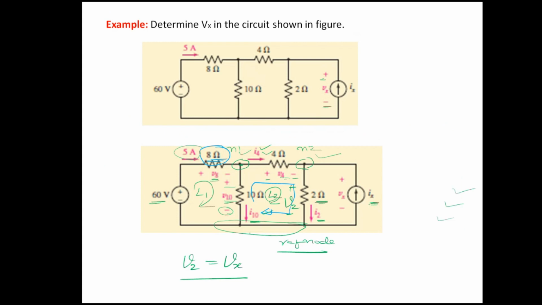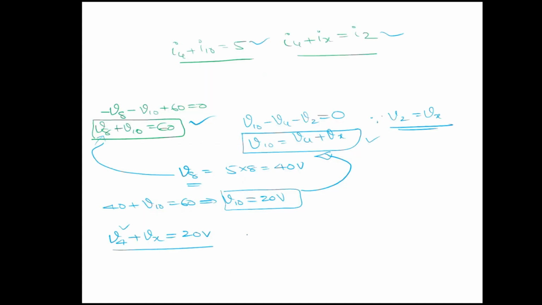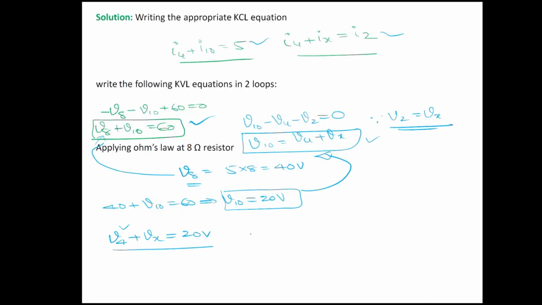If you apply Ohm's law to this branch, V4 is equal to 4 into I4. Then how do we find V4? I4 can be determined from the KCL equation: I4 is equal to 5 minus I10.